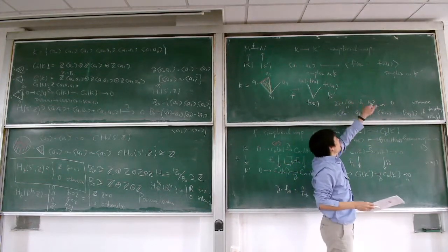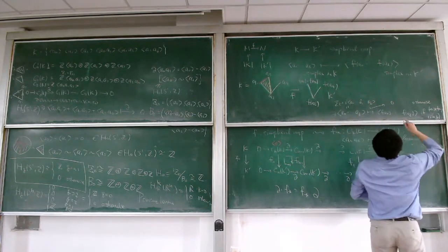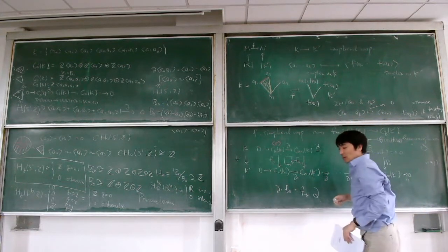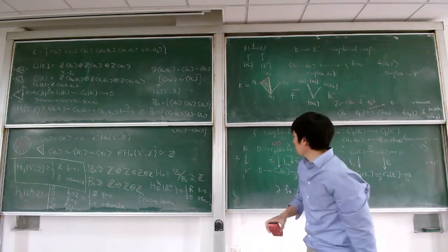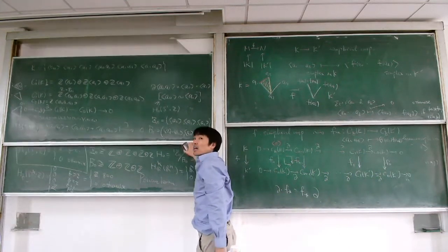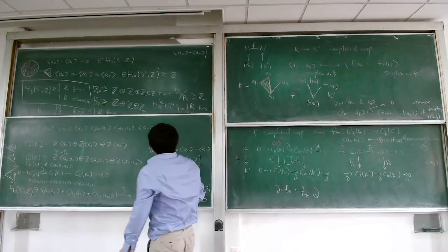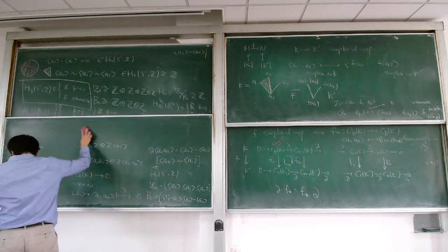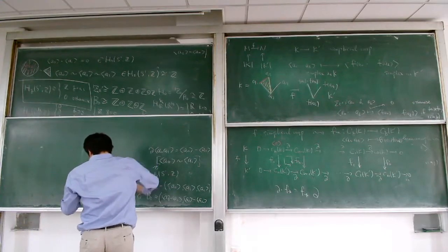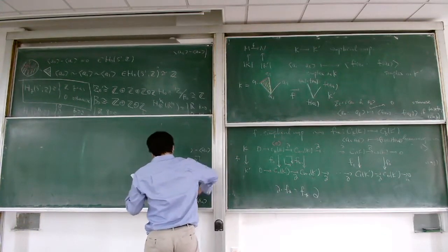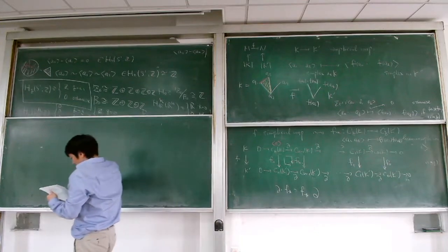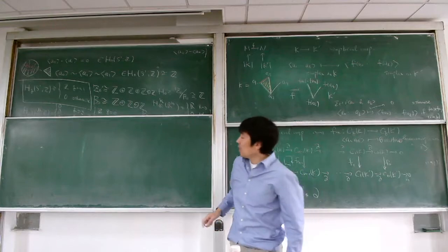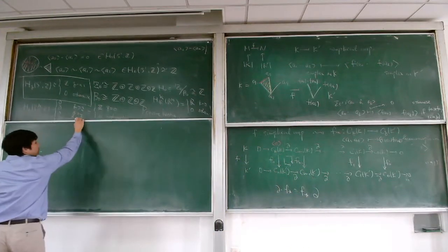Then you map by F. It's better to write it down properly, so let's do this step by step.